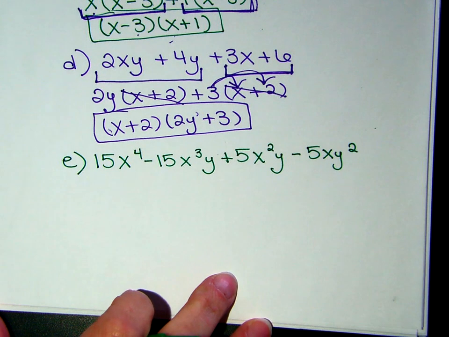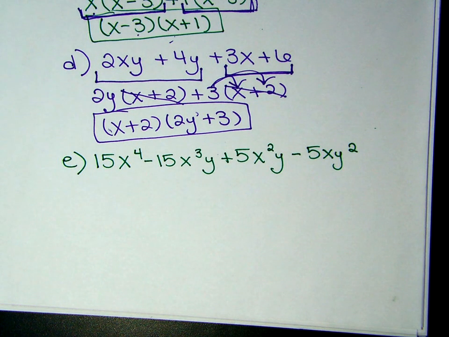You will not see one like E on the 6.2 homework, but one of the processes we're going to use on this one is very helpful for the 6.3 stuff that we will cover next time, which is why I leave it in the notes, because this chapter especially builds on itself very, very much.